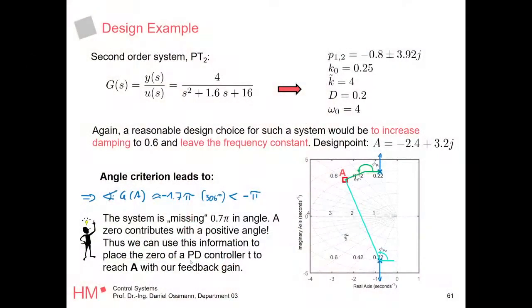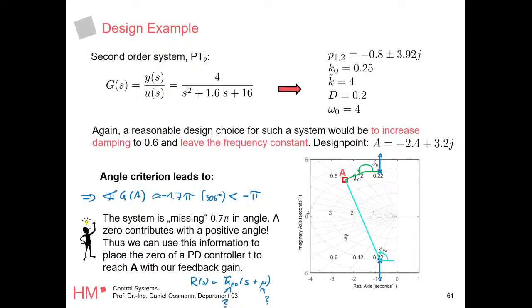Okay, so instead of a pure proportional controller, we're going to add a D term. So our controller needs to look like we have a gain, PD, and we have a 0. So the question is now, what's that gain and what's that 0?